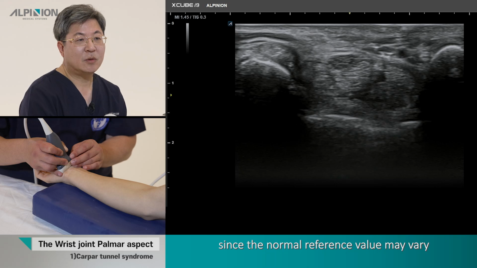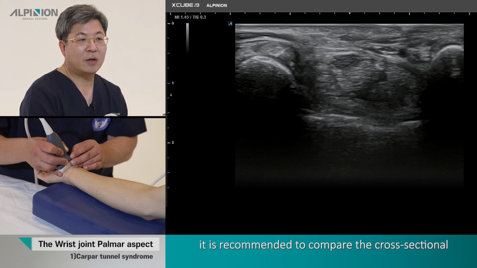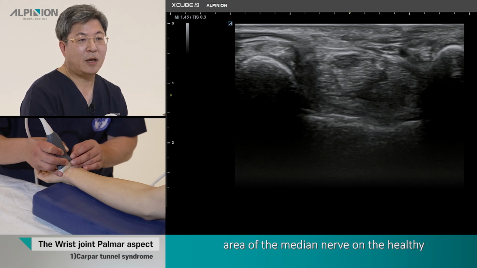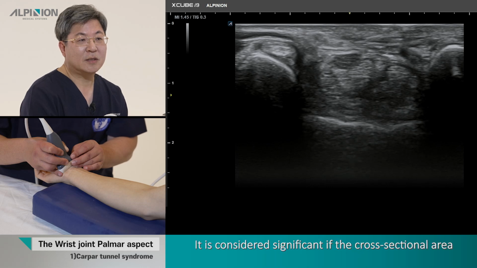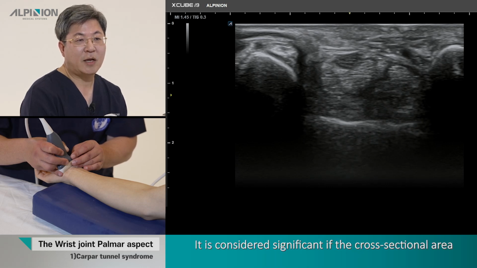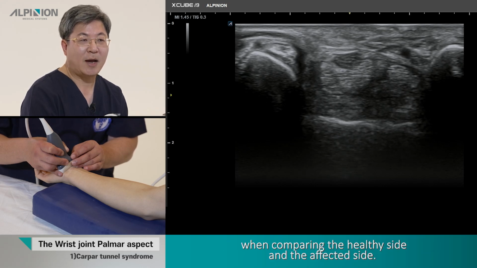However, since the normal reference value may vary between individuals or between men and women, it is recommended to compare the cross-sectional area of the median nerve on the healthy side and the affected side. It is considered significant if the cross-sectional area of the median nerve differs by more than 2 square millimeters when comparing the healthy side and the affected side.